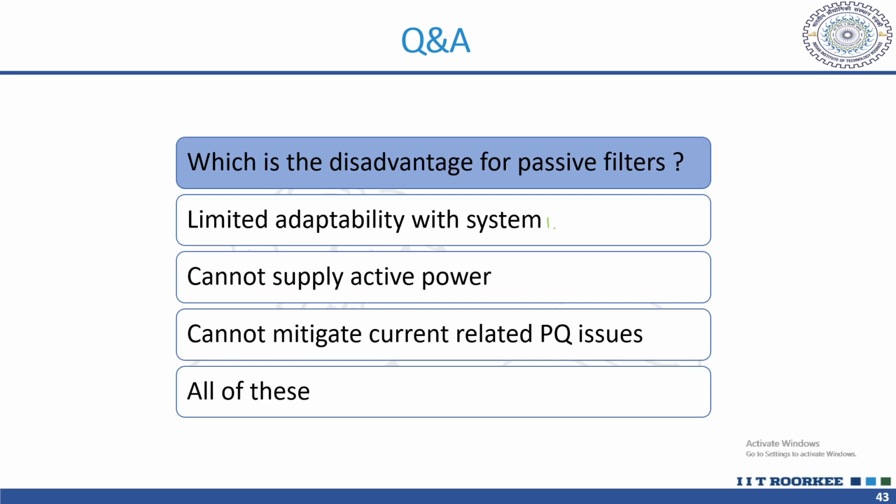Okay, we got one. Yeah, because they are of fixed rating, so they cannot adapt with the system changing conditions. So this is their disadvantage, due to which we are going for active filters.